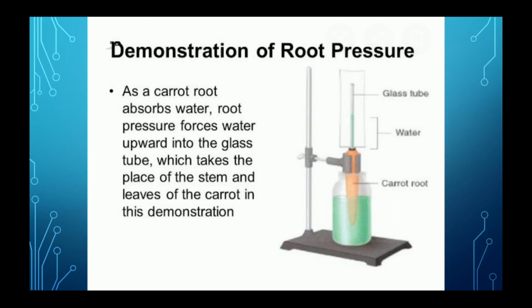It absorbs water from the bottle and gives it to the upper part of the plant. But there is no upper part of the plant here, so the upper part is the glass tube. So the water goes to the glass tube, and that's why the water level increases in the glass tube. That is the demonstration of root pressure. It means that root pressure helps the water ascend.